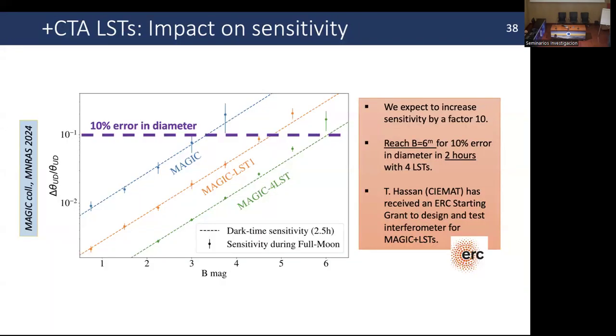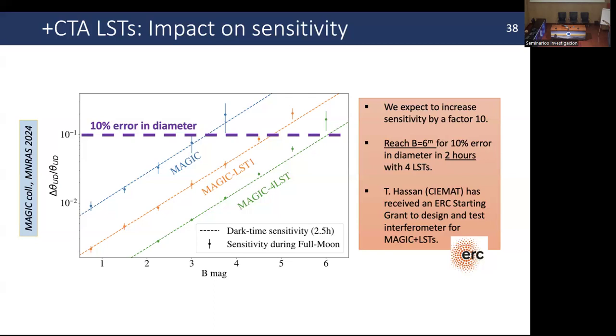We have large expectations. This is the error that you get in the diameter. This is a 10% error in the diameter as a function of the magnitude of the star in 2 hours. So in 2 hours with MAGIC, we can go to a 3.5 magnitude star, and we get an error in the diameter measurement of 10%.